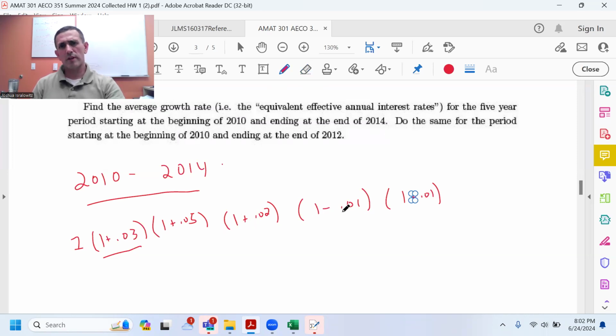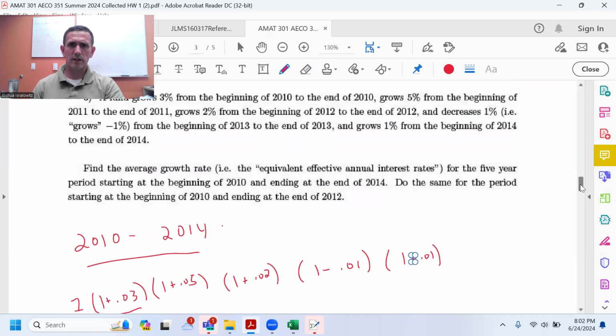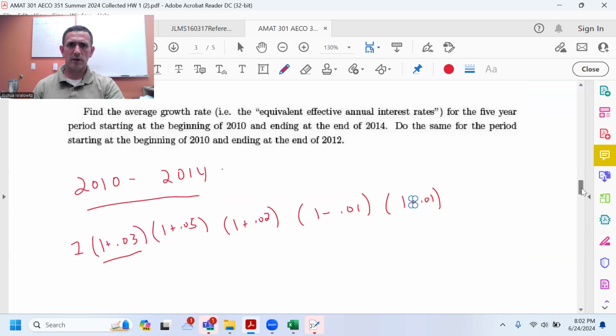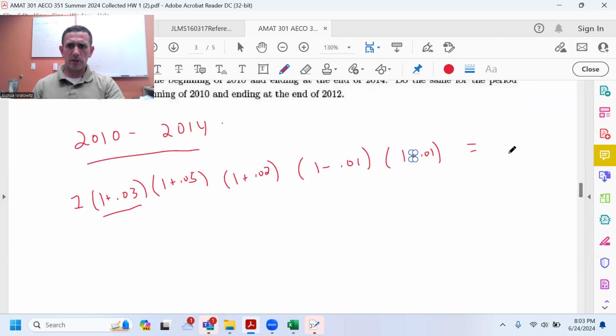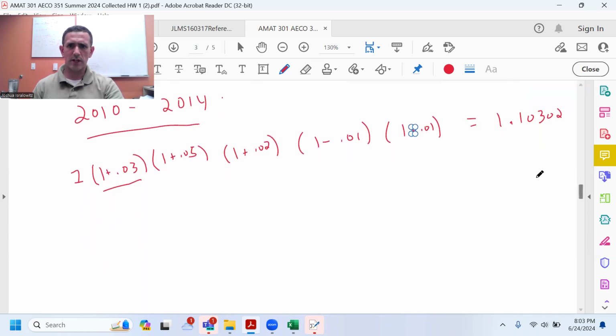So it's sort of like 1 plus minus 0.01, because we're decreasing by 1% in the fourth year. Okay, so this is simply going to be equal to 1.10302. So $1 roughly grows to $1.10.